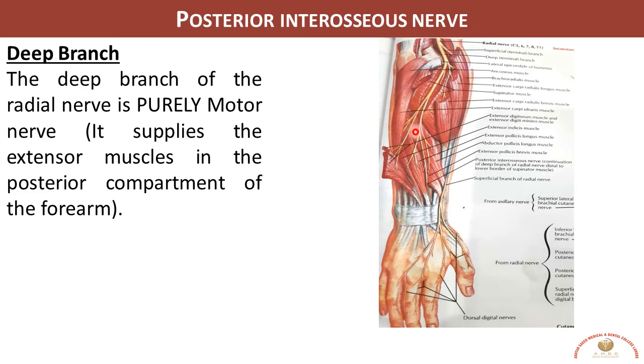At the lower border of the extensor pollicis brevis, it passes deep to the extensor pollicis longus. It then runs on the posterior surface of the interosseous membrane, and as it does so it is termed the posterior interosseous nerve. The deep branch of the radial nerve supplies the extensor muscles in the posterior compartment of the forearm.